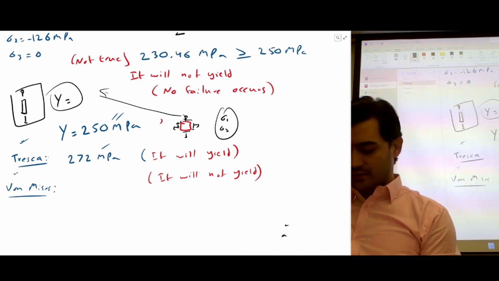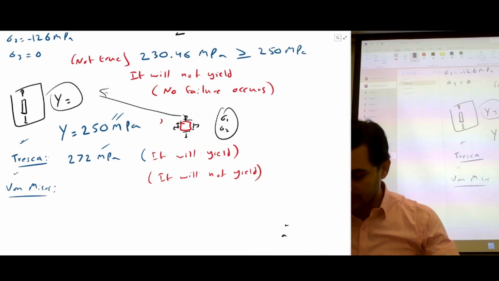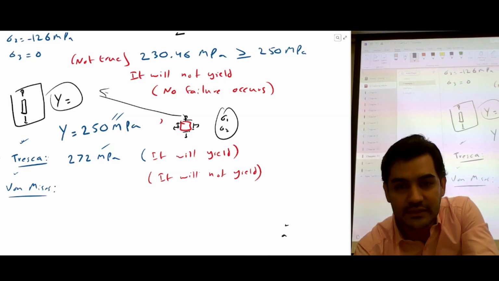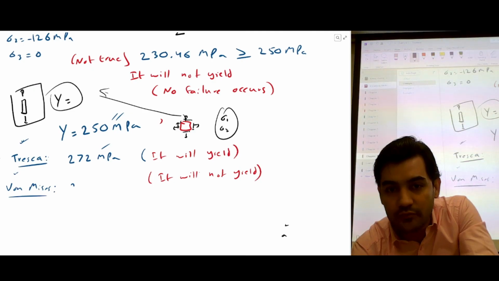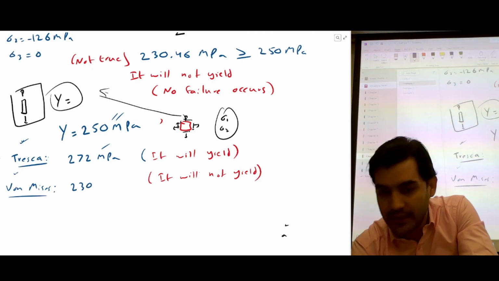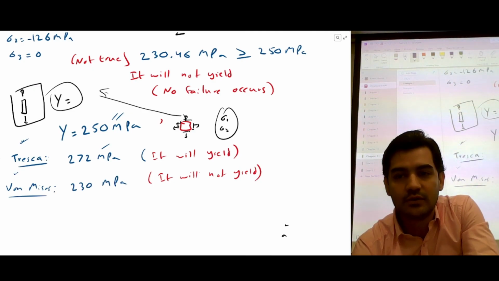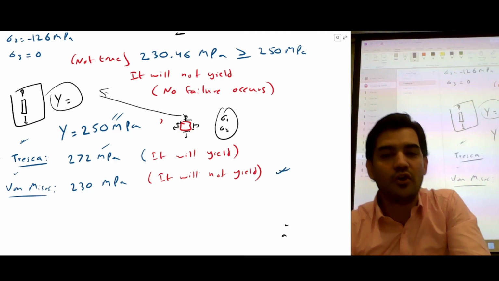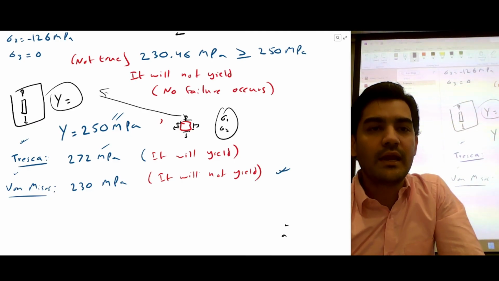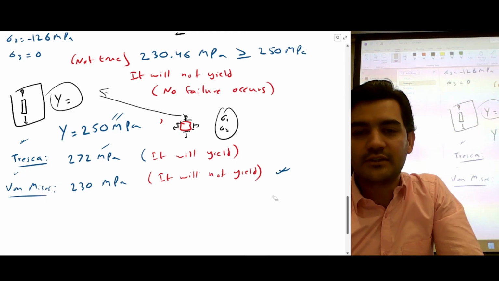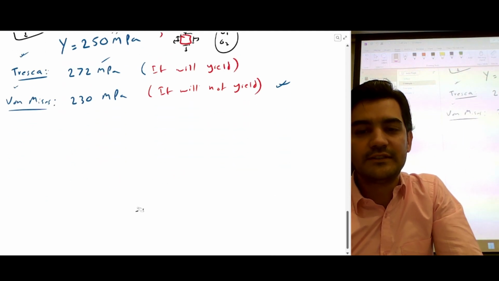And the stress we got from von Mises was 230 megapascal, so it suggests that it will not yield, right? So we can get the same information from yield surfaces as well.